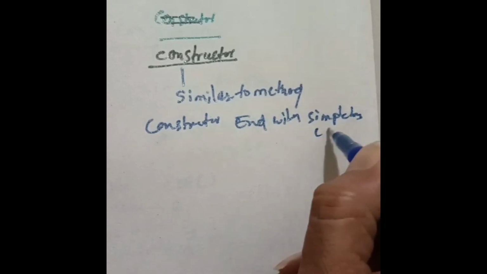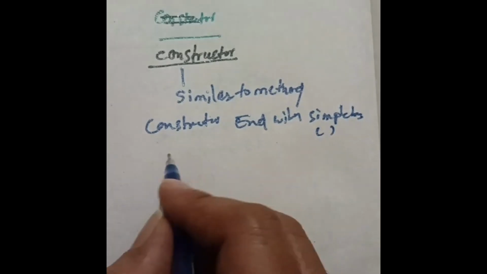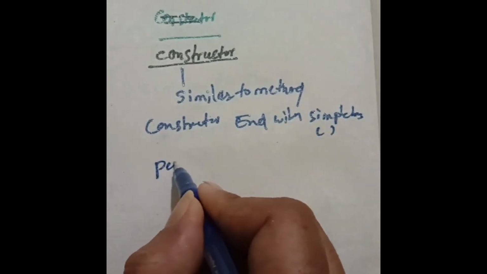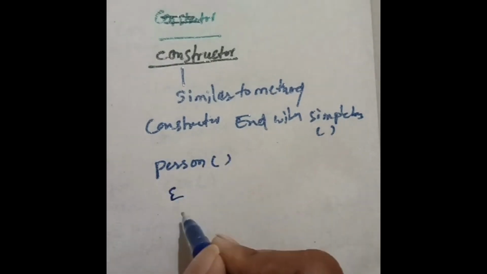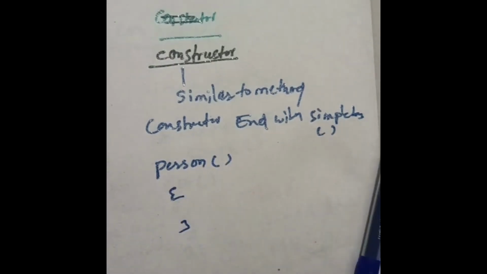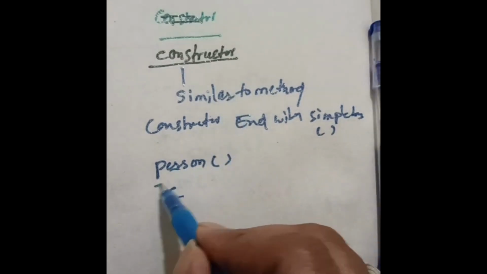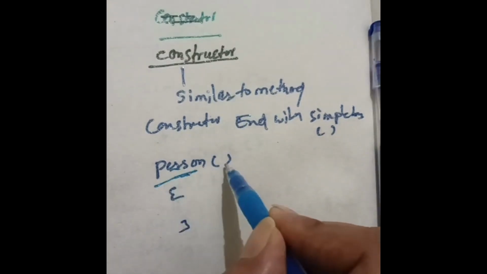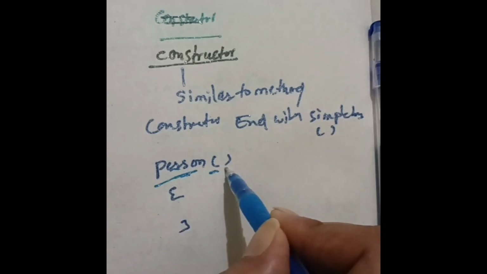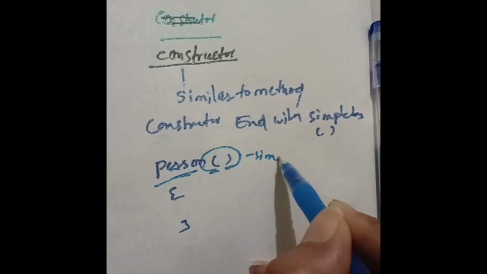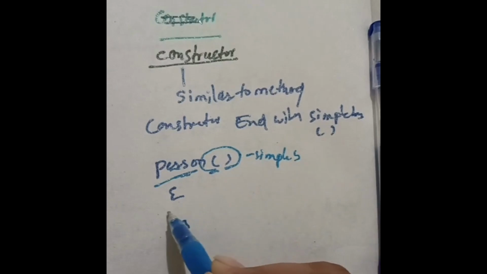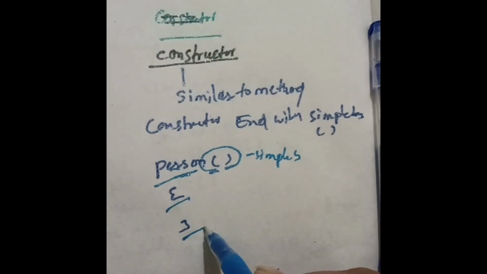Simple braces means, for example, for the constructor Person, Person is the constructor name, with an open brace and a close brace. This is called the simple braces.